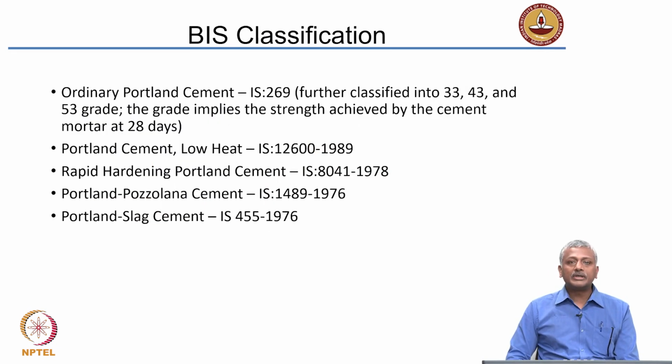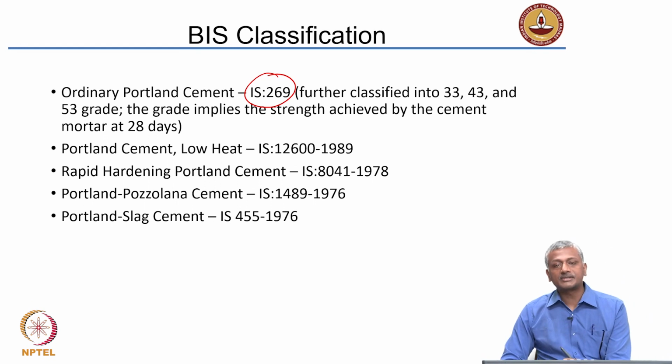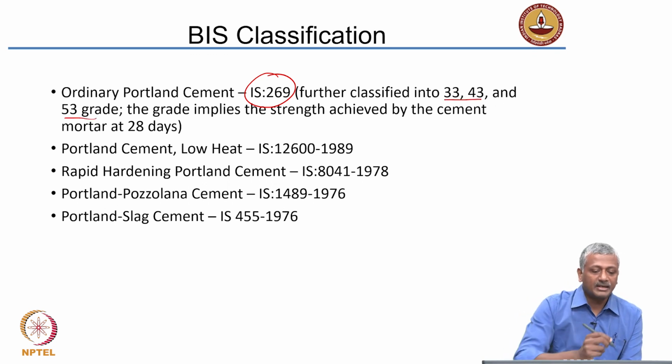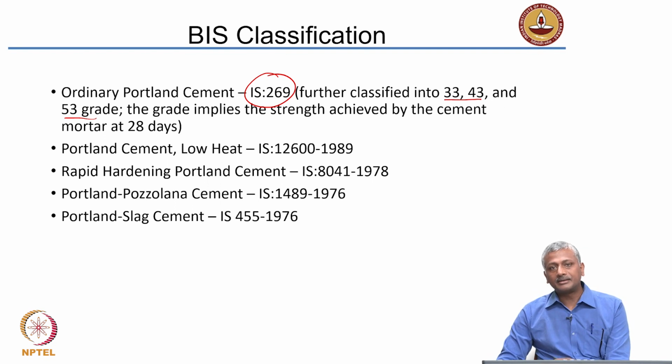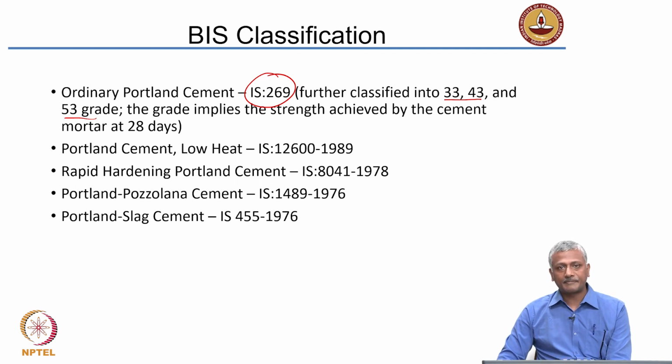Now, if you look at the Indian standard classifications, which are covered essentially in IS 269 for ordinary Portland cement, we define it into 3 grades: 33, 43 and 53 grade. The grade of the cement corresponds to the strength achieved by the cement mortar at 28 days.